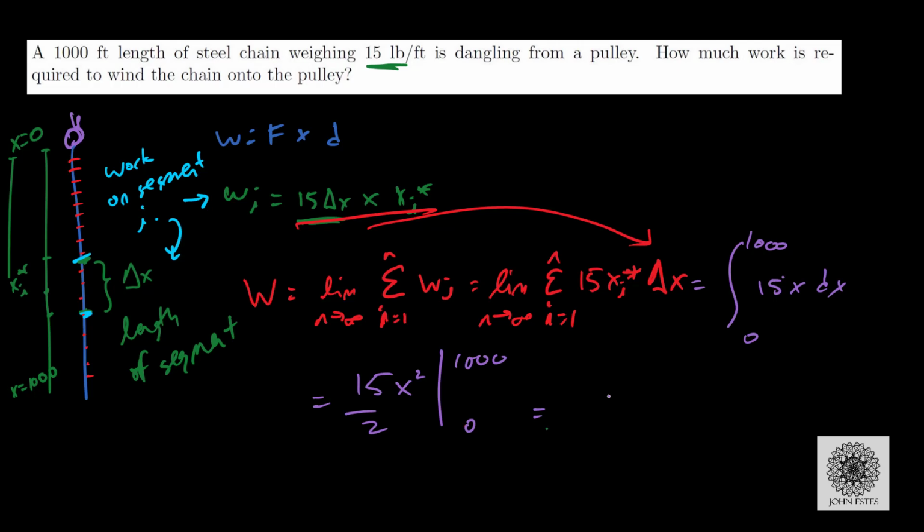So then you have 15 halves times 1,000 squared. And you can just put that in your calculator, and this will be a measurement of joules. And that's the amount of work it required to move the chain all the way up onto the pulley.